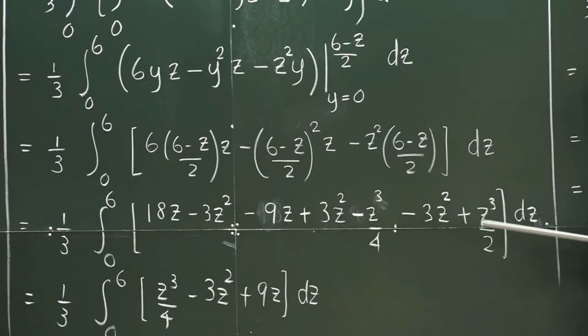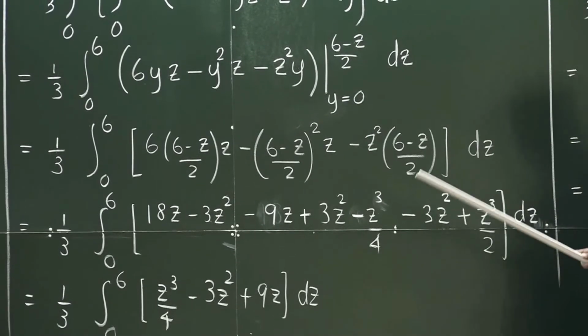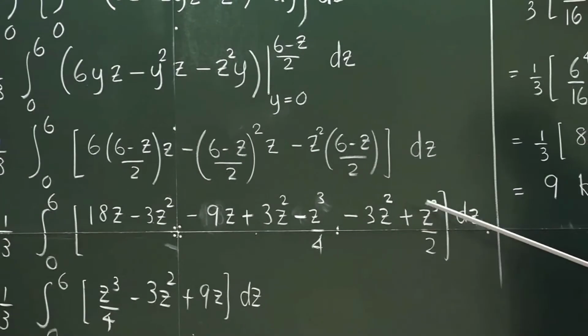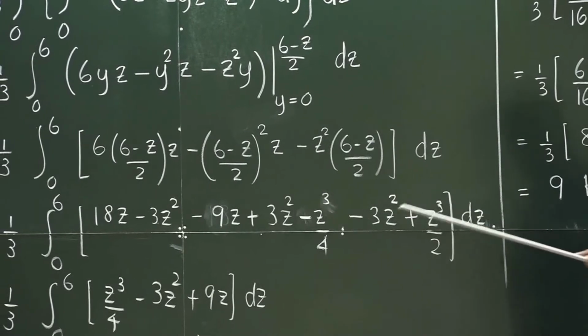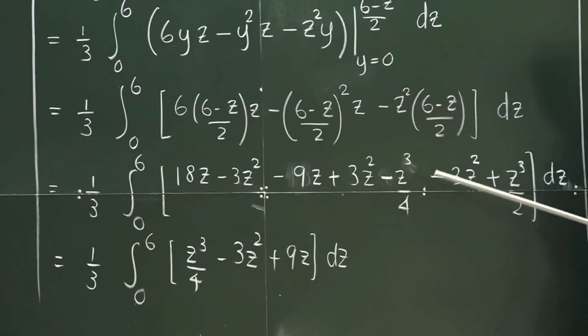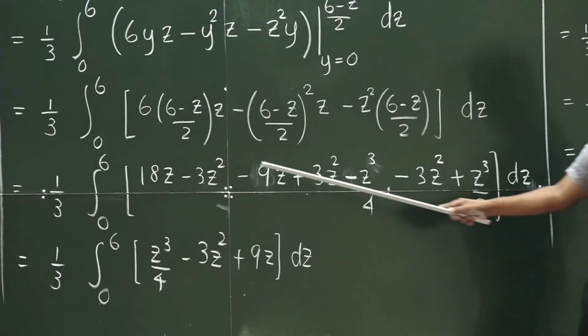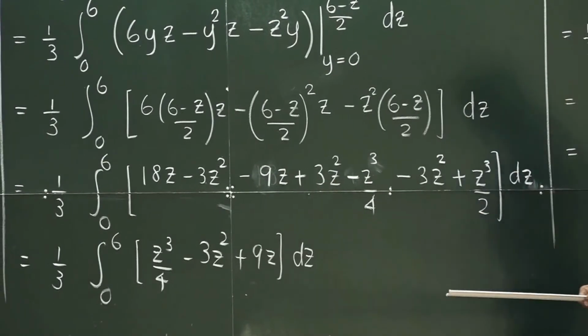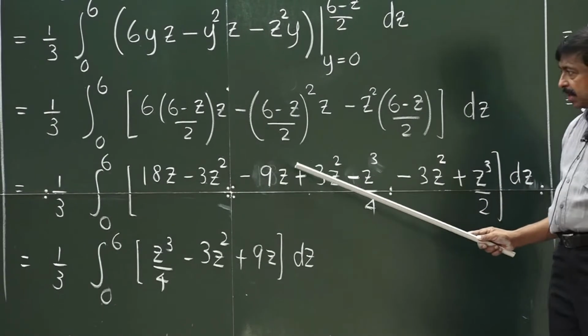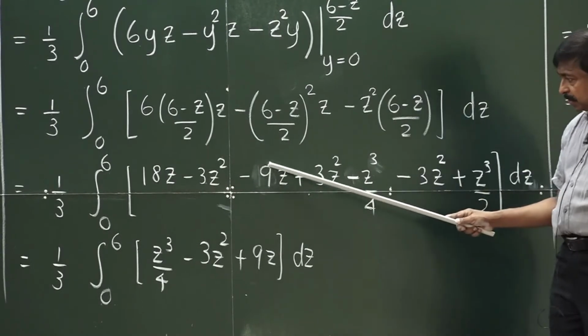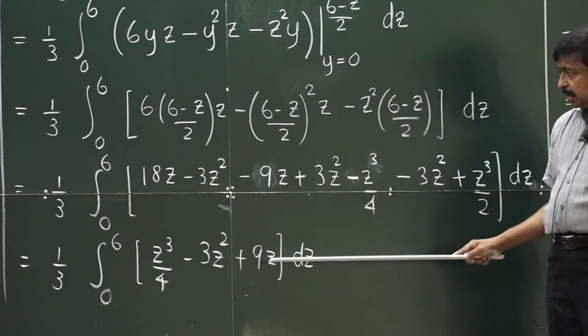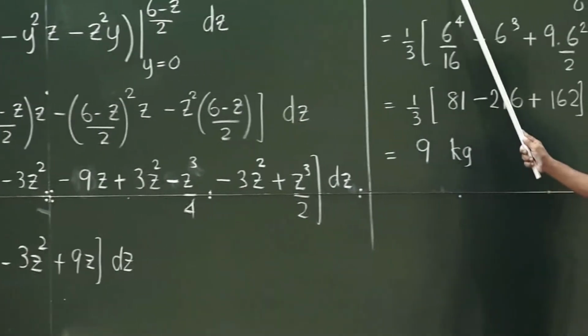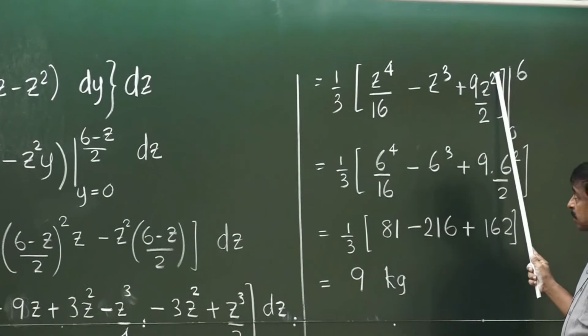Then again by collecting similar terms, you can see there are 2 cubes, you can combine them into this one. The squares add up to minus 3 z squared, and the linear terms carrying z will give you 9 z. Now, integrate it term by term, it is a straightforward exercise.